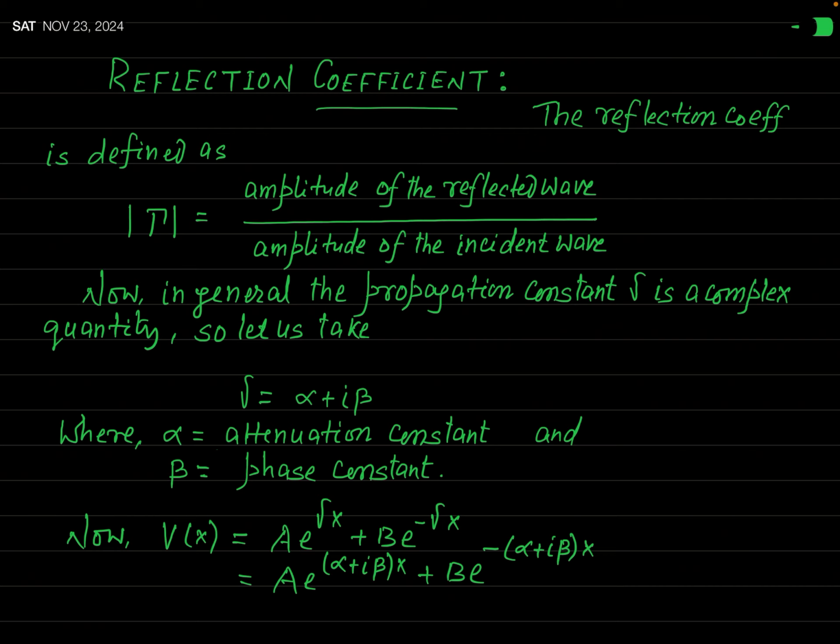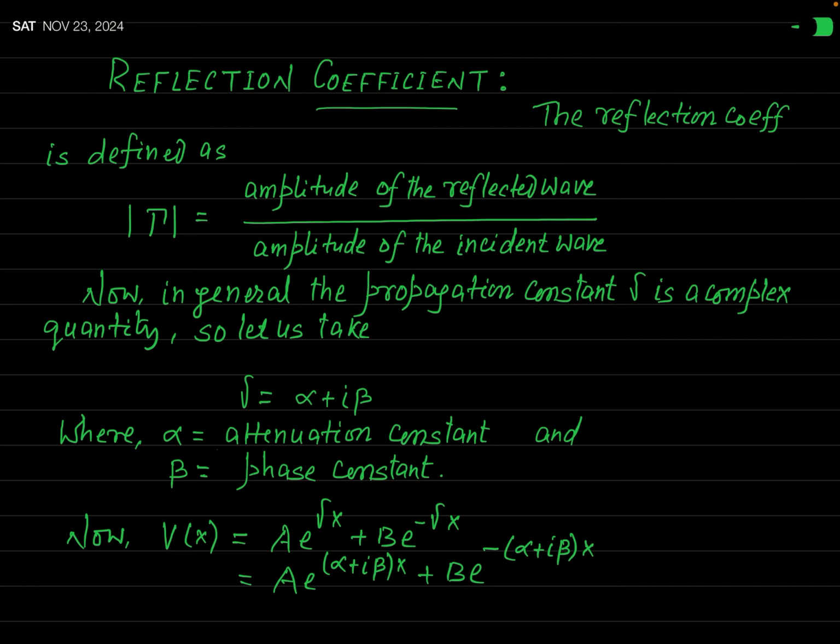But first of all, we should know what this reflection coefficient is. Reflection coefficient is studied in physics at several places. When you study quantum mechanics, the problem of the potential barrier, you talk about the reflection coefficient, and the definition is the same everywhere.